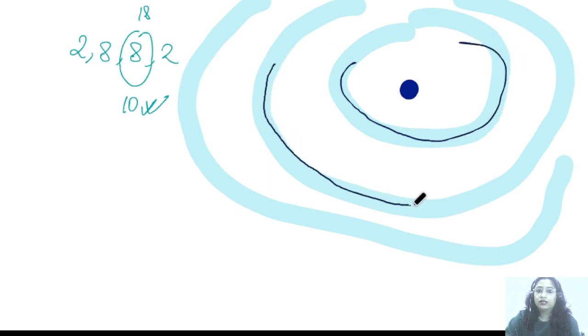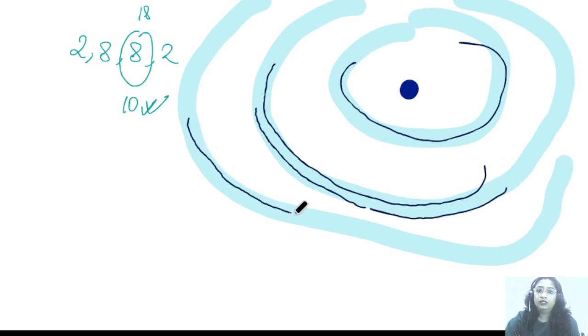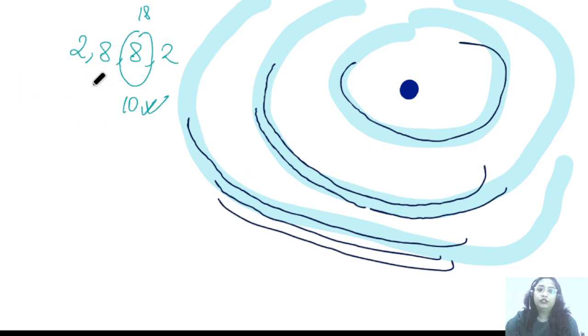These are the orbits. The light blue color represents the orbit and the dark blue color represents the sub-orbits or subshells, as you can say. So what are the names of the subshells? These are S, P, D, F. In the first orbit, only one subshell is present.